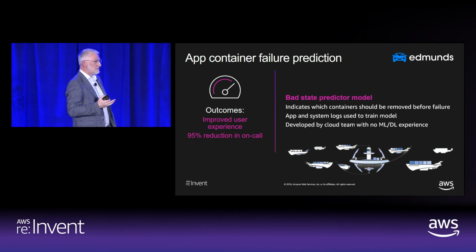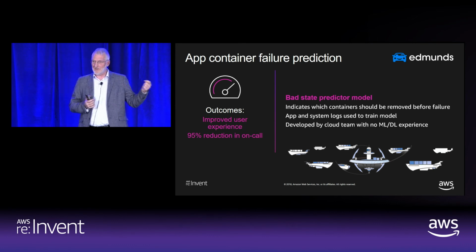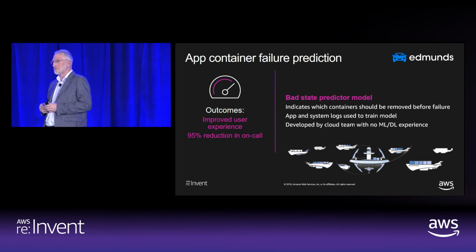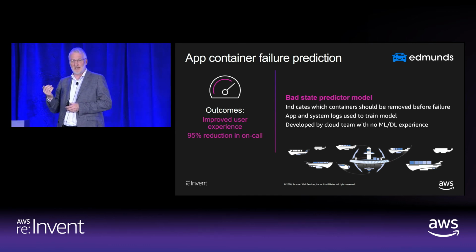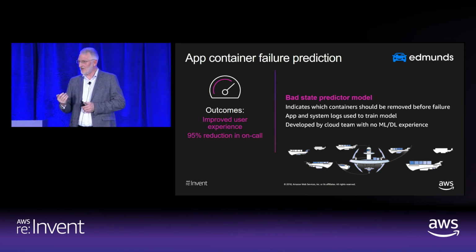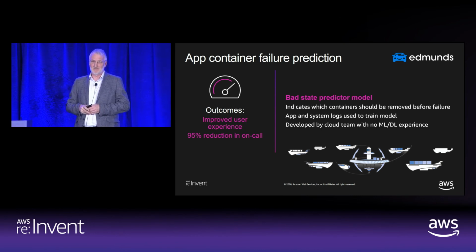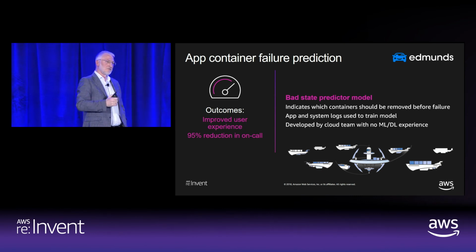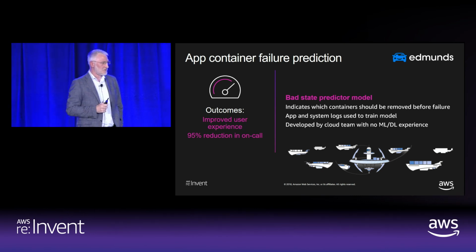So what they did is they took the log metrics that they could gather from those container services, and they fed them into an AI engine that built a model that can now predict failure modes of the containers. And they wired it up to the management services in AWS.